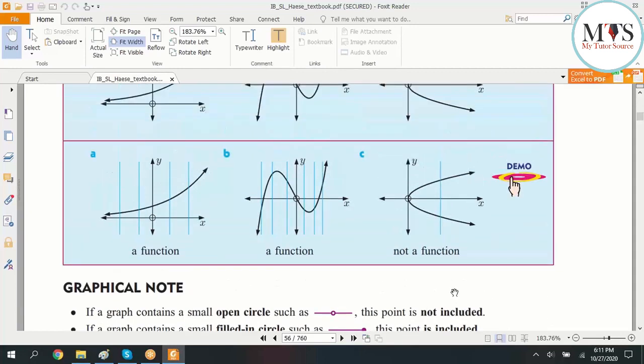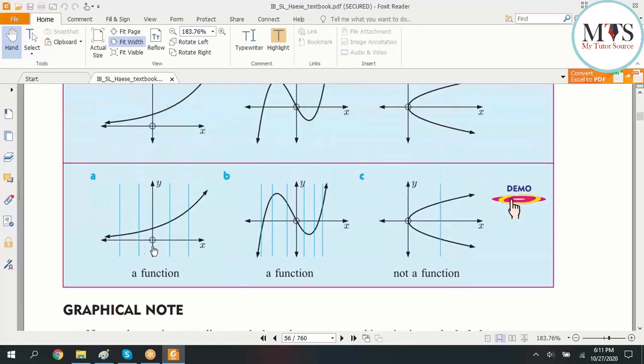So in the case of A, it's going towards negative x infinity and positive as well. That is the case for B as well, but in C, it's just going towards positive infinity.